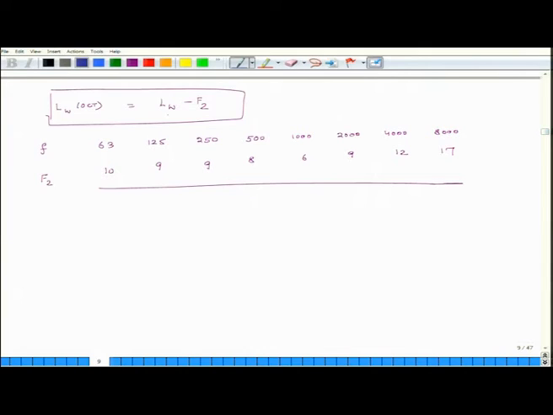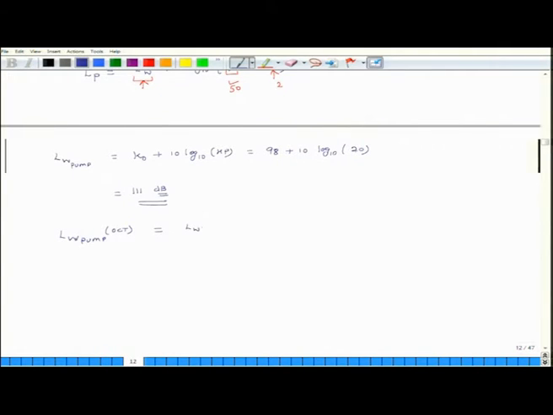LW we have calculated for the pump, and we will take the value of F2 from this table and compute LW oct, so it is LW pump minus F2.